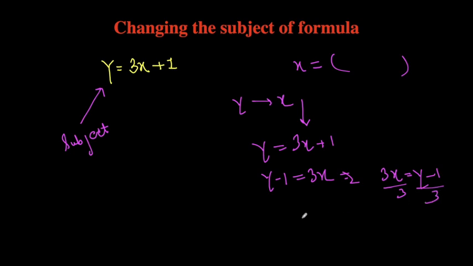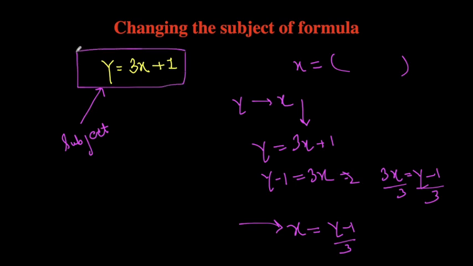If you divide both sides by 3, you will get x is equal to y minus 1 over 3. Now you can see that the subject of the formula has changed. The meaning of the formula doesn't change, we are only changing the subject.